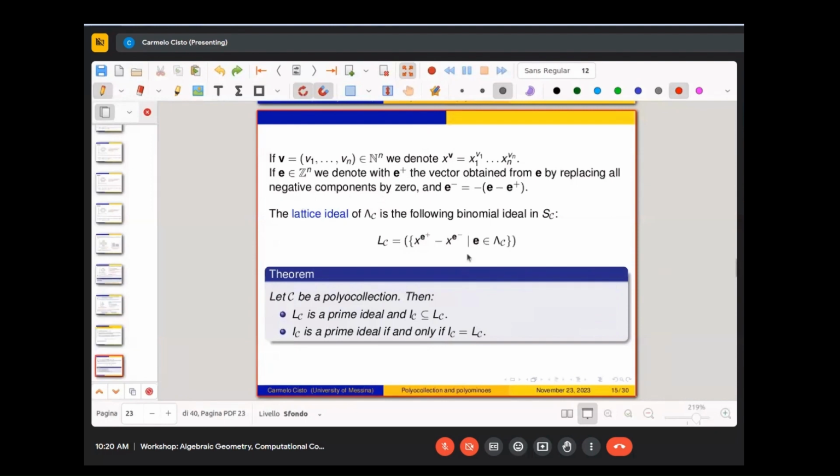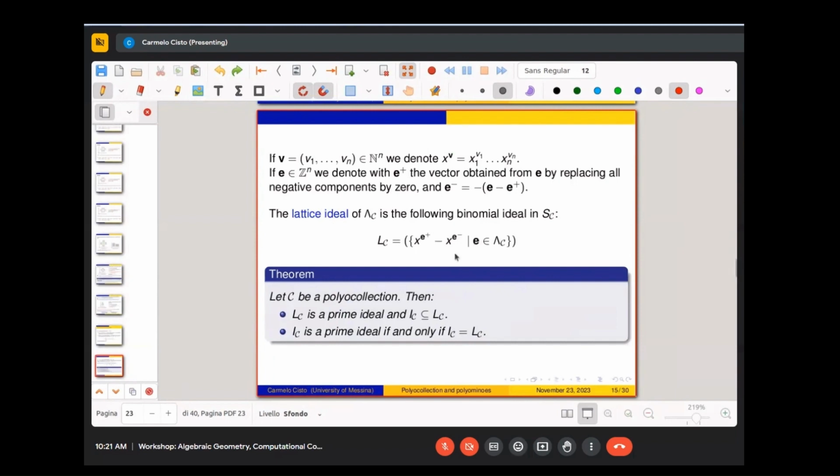Considering a vector e in the lattice, we associate this binomial: the difference between two monomials, where the first one has as exponent vector the positive part of the vector e, while the second monomial has as exponent vector the positive part of the negative coordinates of e.